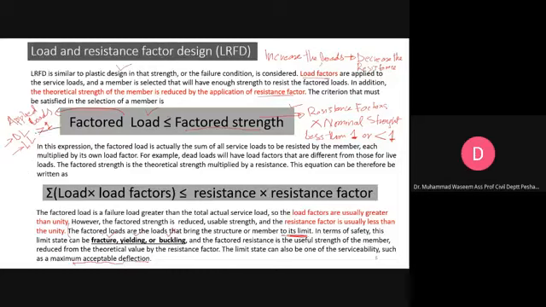This factored load is this much. It is the summation of all the loads with their load factors which are acting on your building, okay? This factored strength is the resistance multiplied with the resistance factors, and these resistance factors are less than 1. You are reducing this resistance, okay? These load factors are always greater than 1, okay?